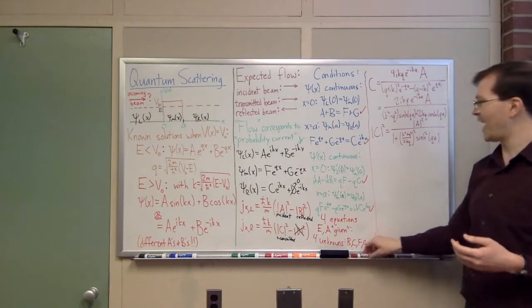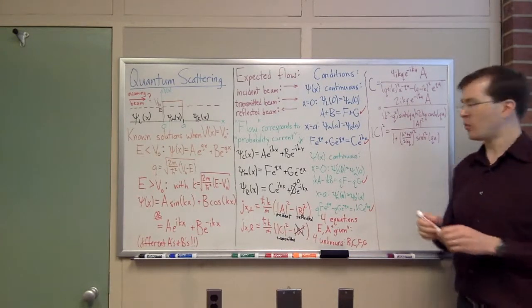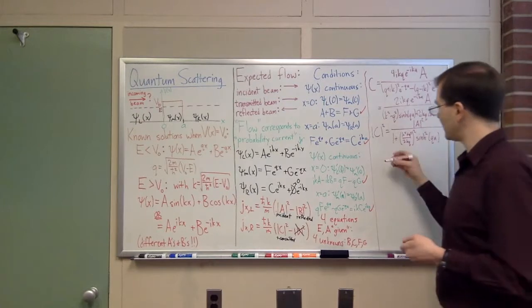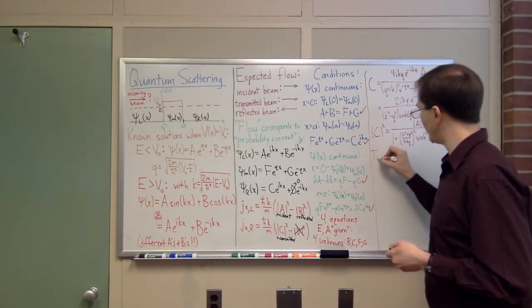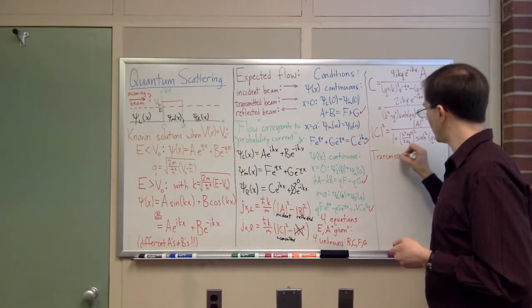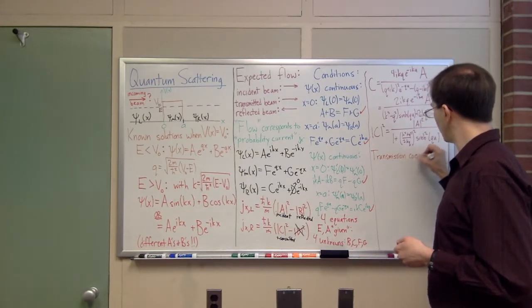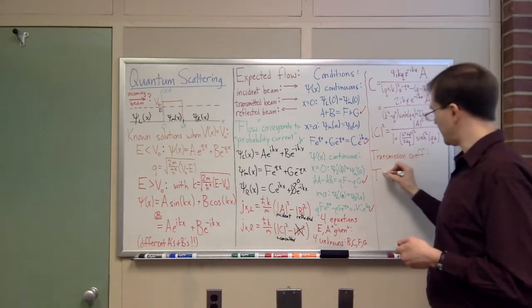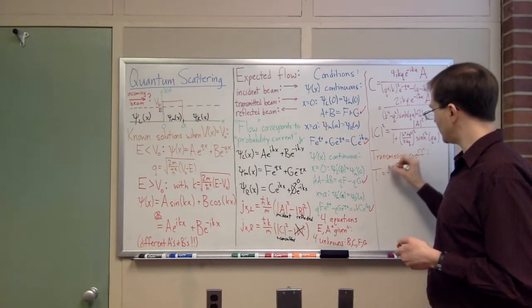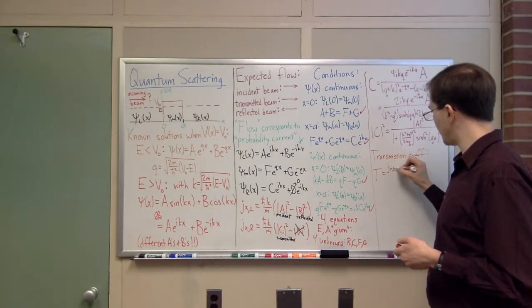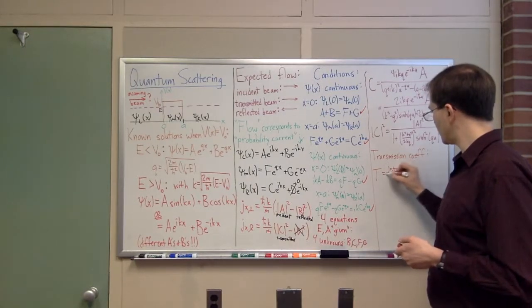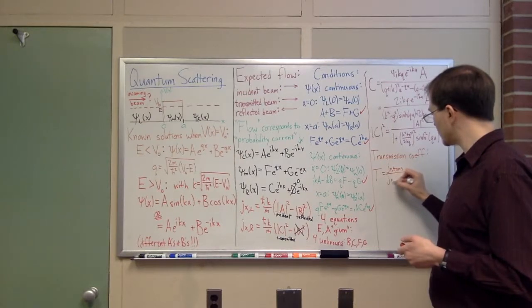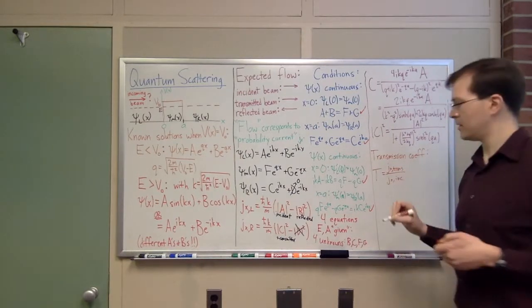And we define, in a scattering problem, once I have this, the transmission coefficient T to be Jx for the transmitted beam divided by Jx for the incident beam.